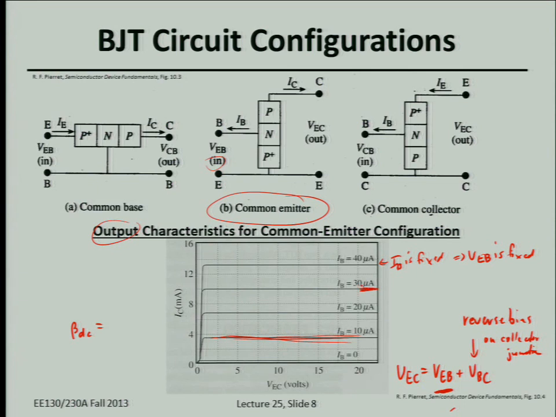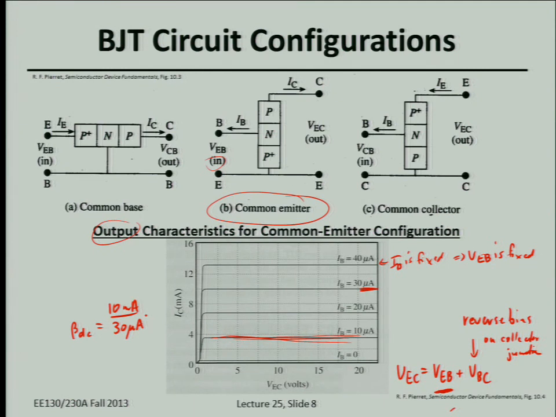Right, so it's 10 milliamps divided by 30 microamps. Is that 300? Yeah, it's 300. Anyway, it's pretty large, so it's on the order of 100. Usually I give a simpler calculation than that. So you can see that there's current gain here.